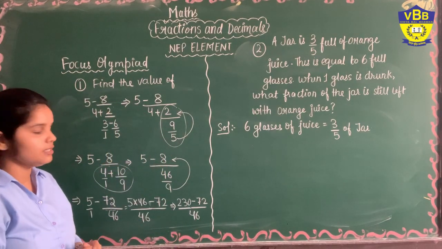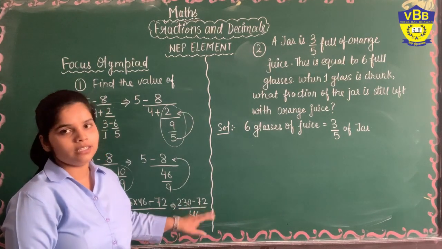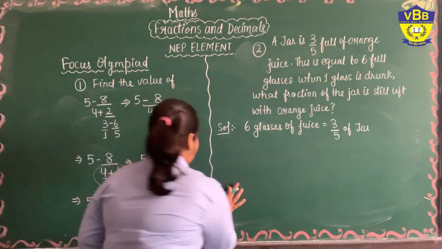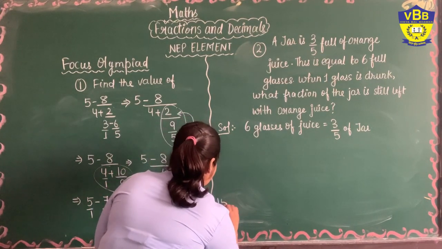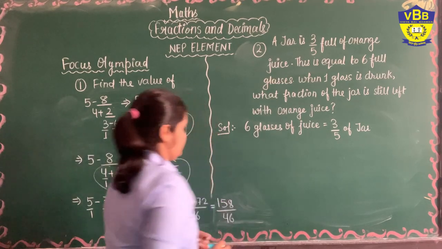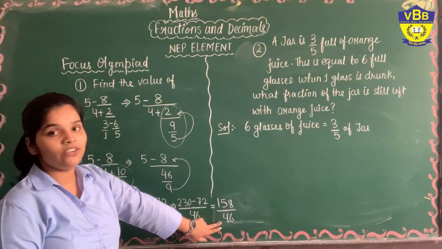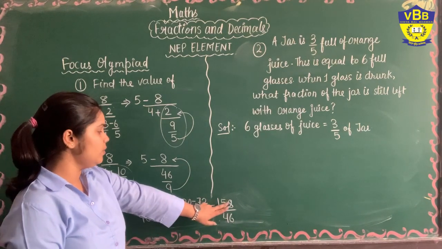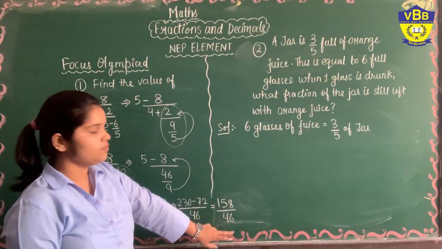Subtract these two numbers, 230 minus 72. It will give you 158 divided by 46. Now just check whether the answer is in the simplest form. 158 upon 46 is not in the simplest form.